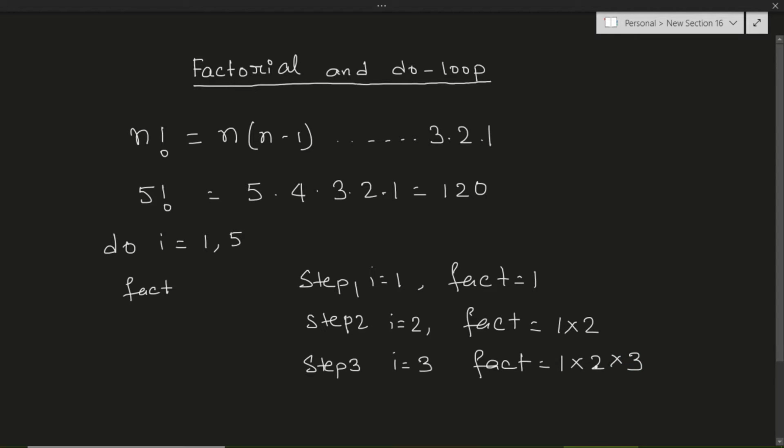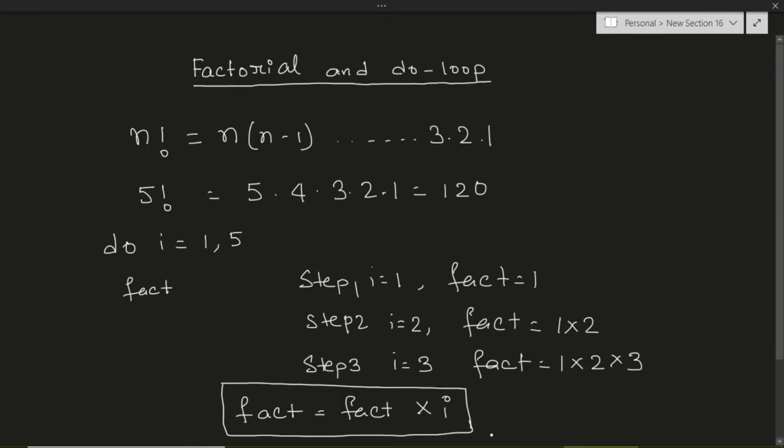So this is how we are going to code it in Fortran. This is the logic behind this calculation. Now in general, one can write it like this: fact is equal to fact times I. So this is the general formula to calculate the factorial of any number.